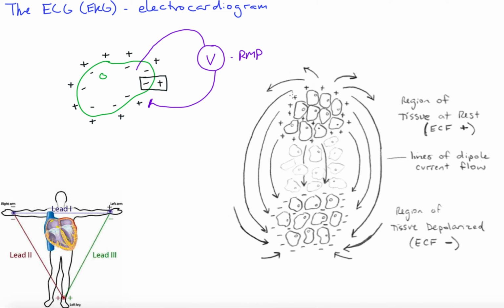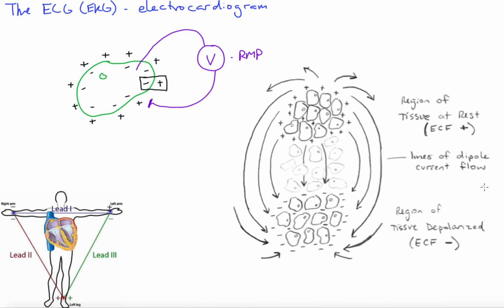But because the cardiomyocytes outnumber the nodal cells by 100 or 1,000 or 10,000 to 1, the majority of the electrical activity comes from the cardiomyocytes. So really we're going to focus on those cells. The ECG is the sum of the depolarizations and repolarizations of the atrial and ventricular cardiomyocytes.